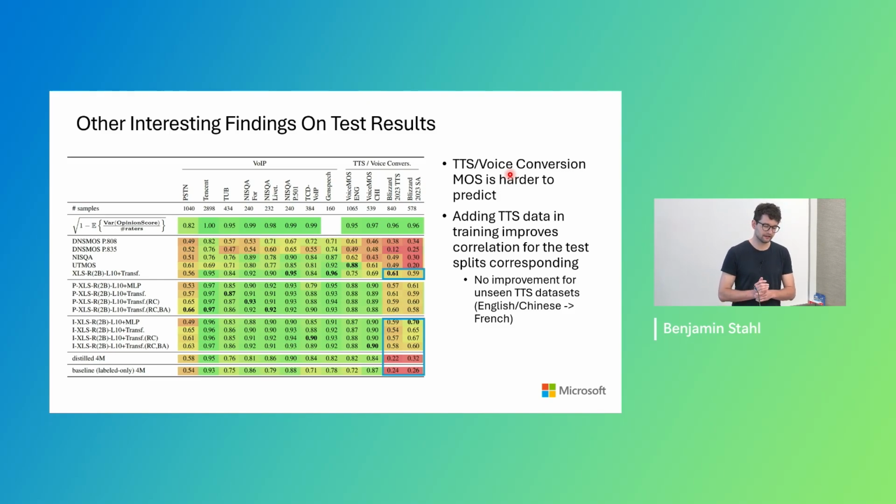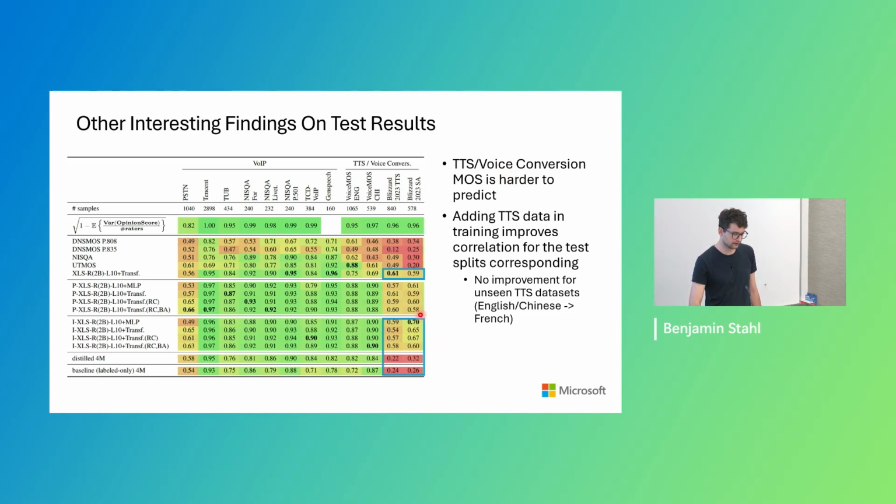And adding text-to-speech data from the training split of a certain test set can improve the performance on that test set, but doesn't improve performance on the unseen text-to-speech data sets.